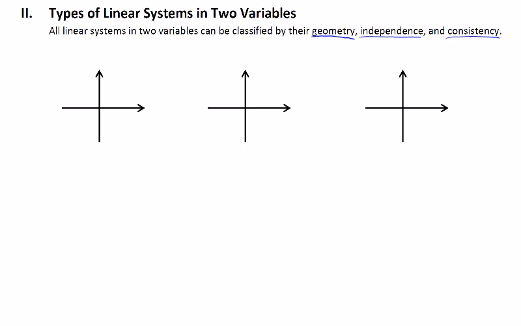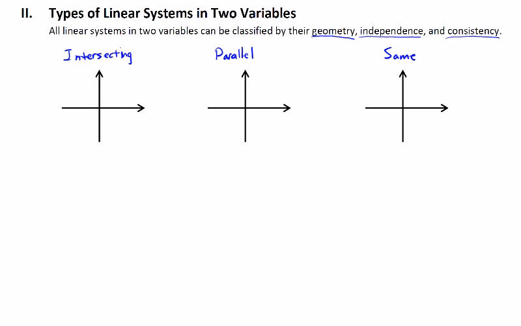Would there be a way that you could somehow fit all the different ones into different categories? In fact, there are three categories that we can take every linear system and put it into one of. The first one is called intersecting. The second is called parallel. And the third is called same.